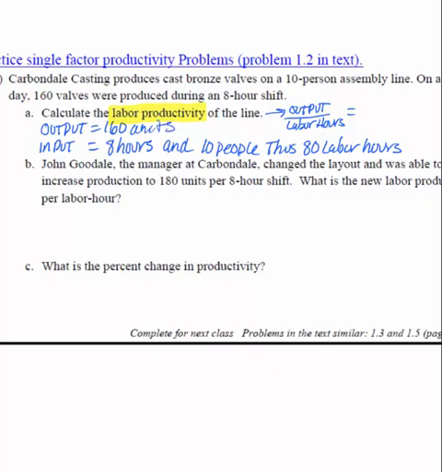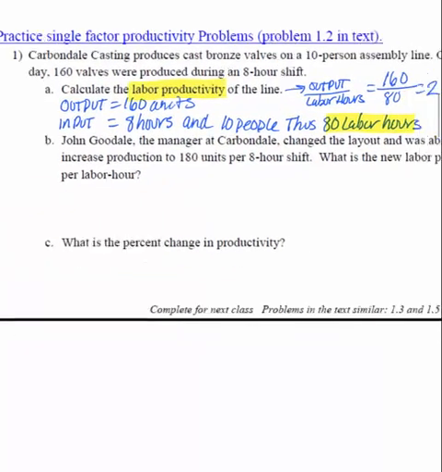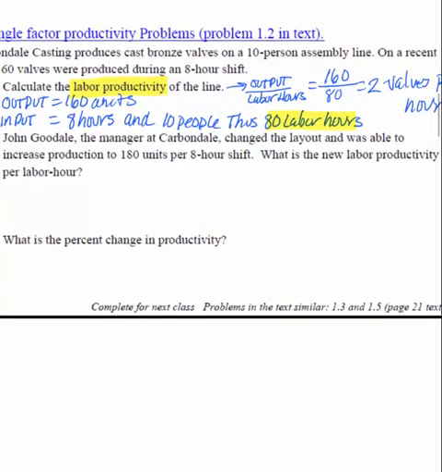So we essentially have a total of 80 labor hours right here. So we go ahead then and we calculate it. We've got our 160 units that are our output, and we're going to divide that by 80. So we're going to have 2 valves per hour. That's our labor productivity, 2 per hour.